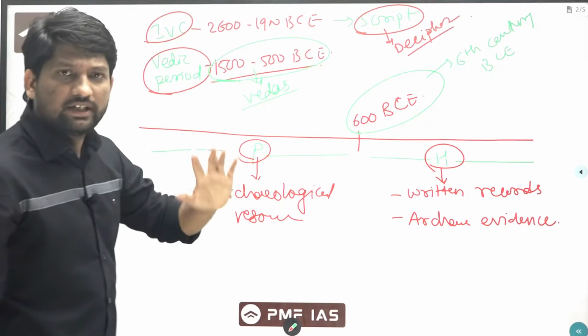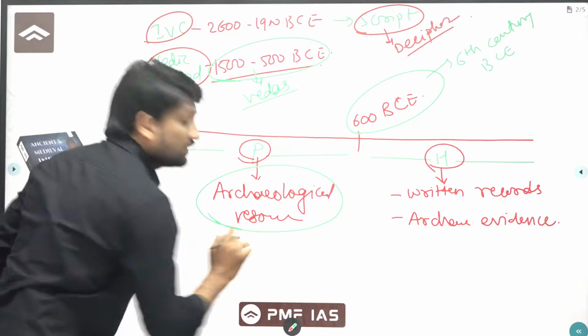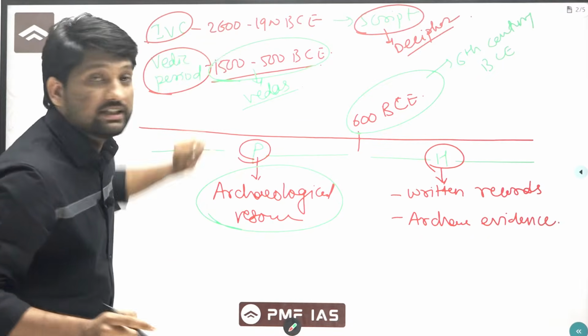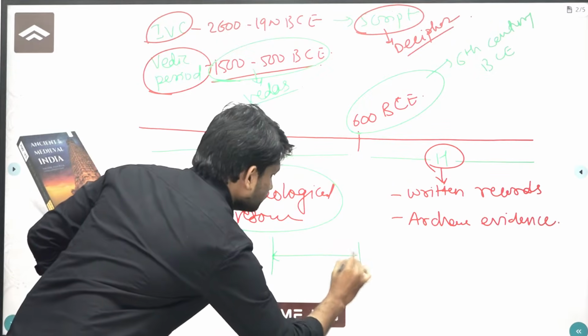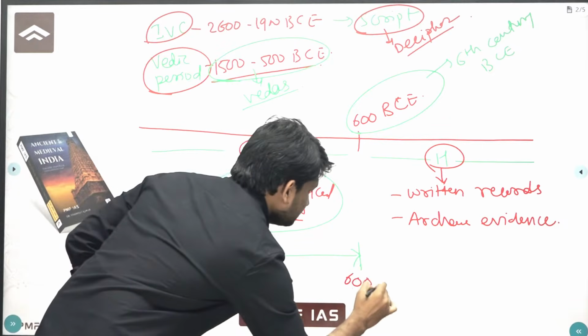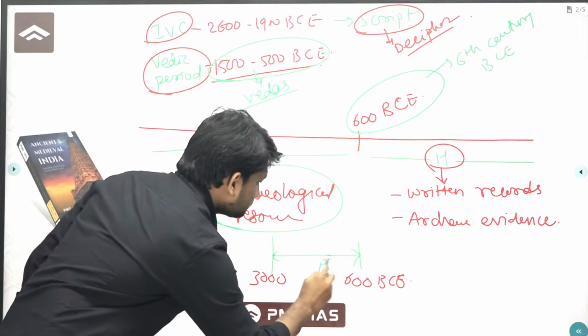Generally in prehistory, we are dependent on archaeological sources, but for the reconstruction of the Vedic period, we are dependent on written records. So from 3000 to 600 BC, we consider this as protohistory.